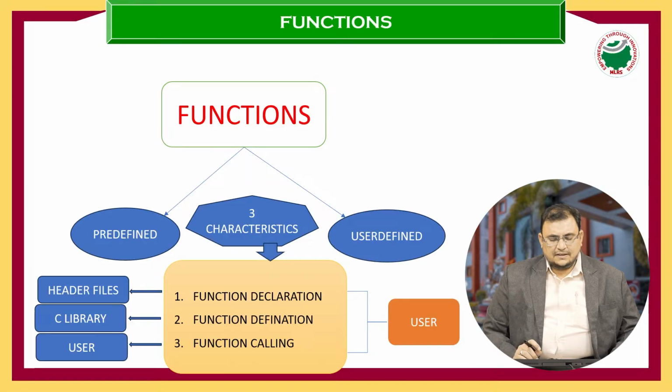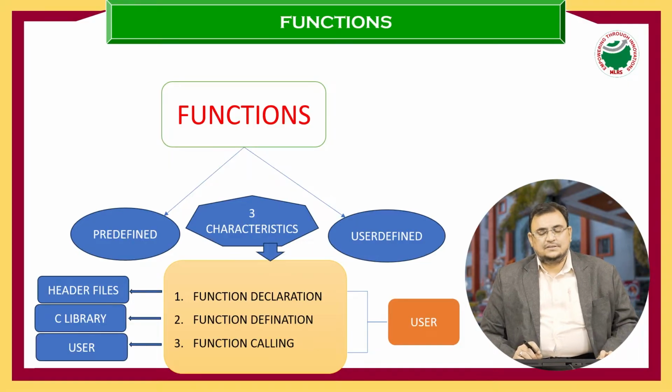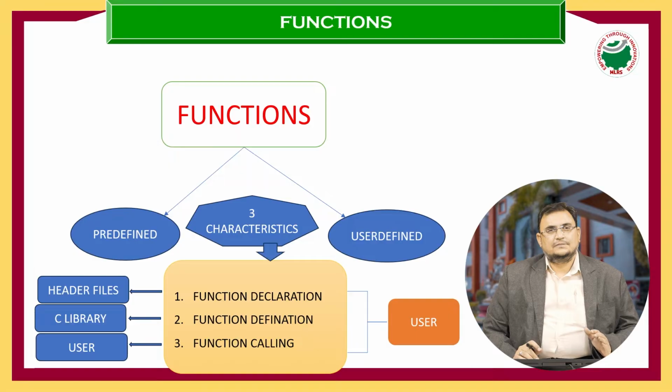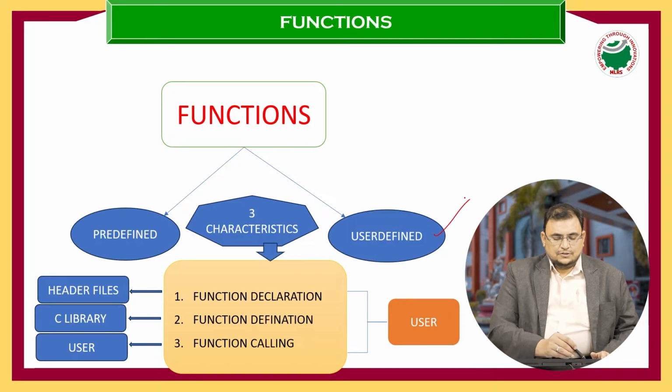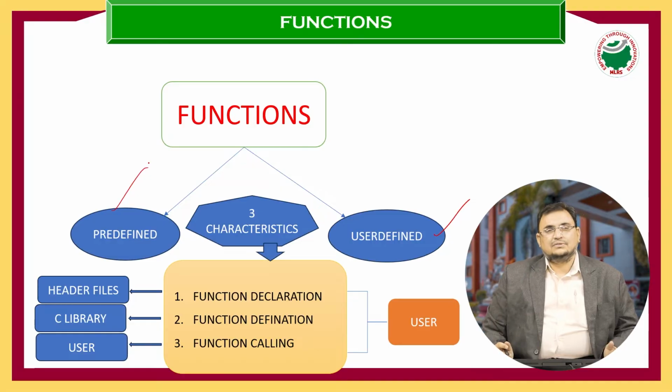So if you consider, a function is divided into two types. One is predefined function, another one is user defined function. How are predefined functions and user defined functions different from each other? Whenever you talk about the concept of function, you need to remember three characteristics of the function.